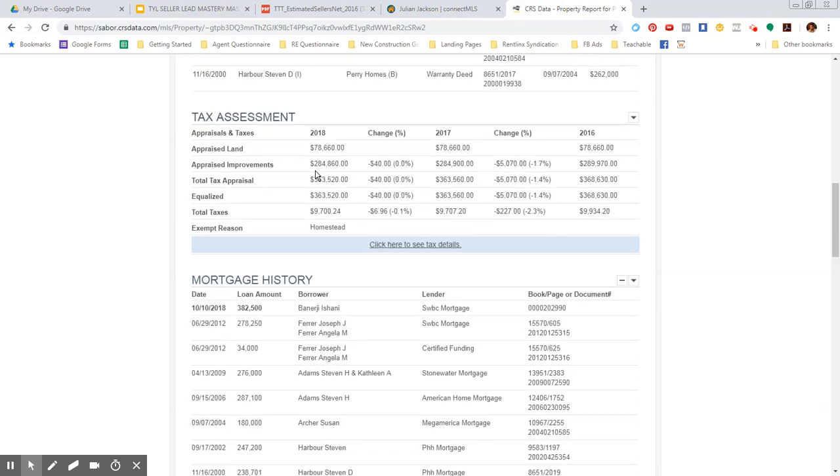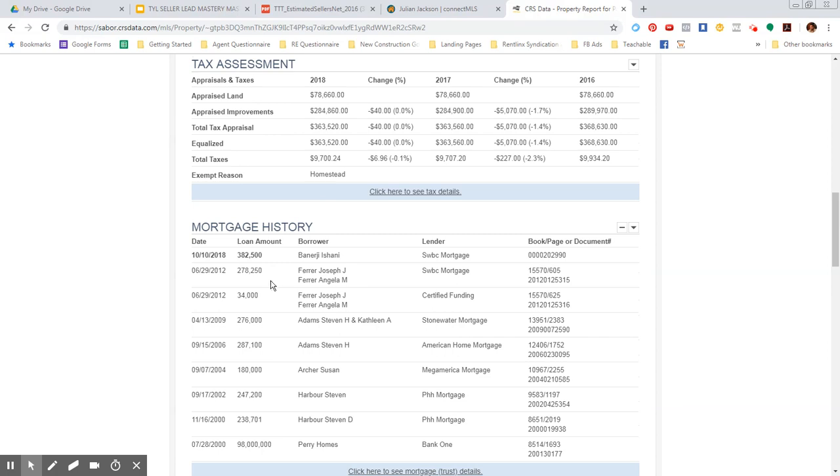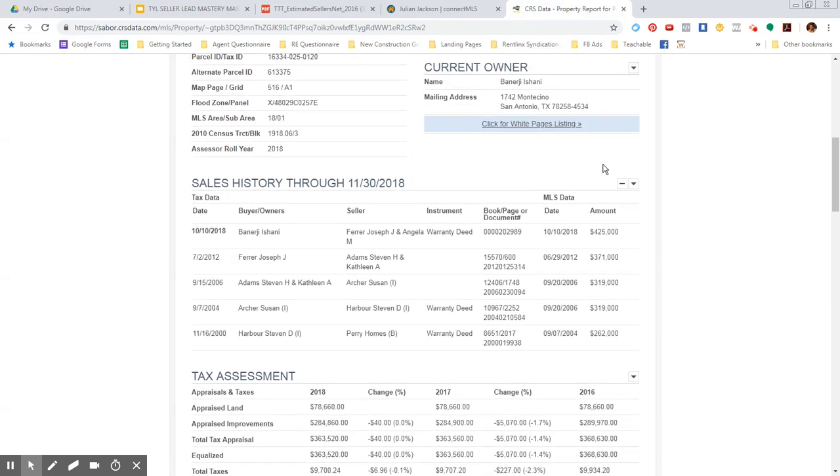So we look at the sales history, and then we look for the mortgage history. So they had a mortgage, let's say, because this got sold in 2018, we want to look at 2012. There's a mortgage loan that was taken out at that time, $278,000. So $278,000 with a sales price of $425,000.